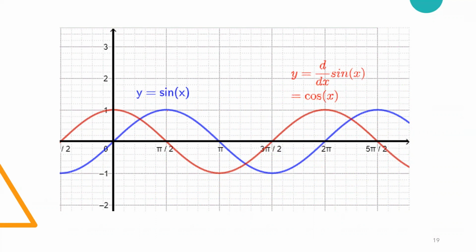So here it is maximum at x equal to pi by 2 and minimum at x equal to 3 pi by 2. Similarly, cos pi by 2 equals 0, cos 3 pi by 2 equals 0, and cos 5 pi by 2 equals 0. This way we can prove graphically that the derivative of sin x is cos x. So the derivative of sin x is equal to cos x.